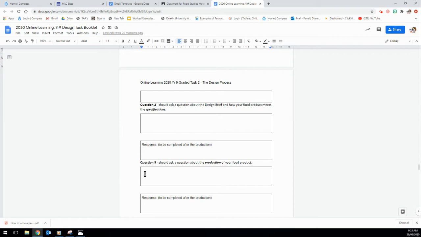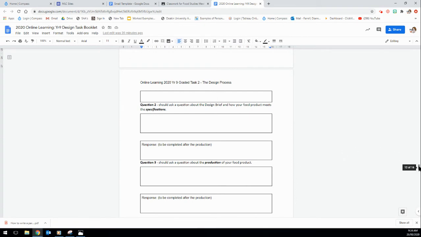And so then in your response, you might have something along the lines of, my pizza met the specifications of the design brief in relation to making the product because I was able to make it in the school kitchen with limited equipment. I was able to make it within the time frame allowed as specified in the design brief, etc., etc. So you have scope there to then put that in place.